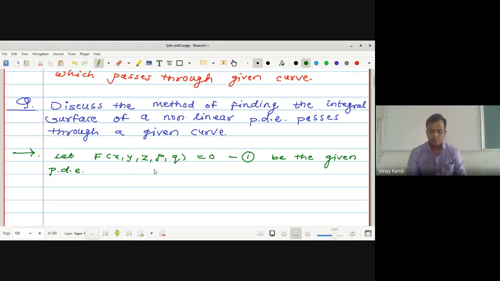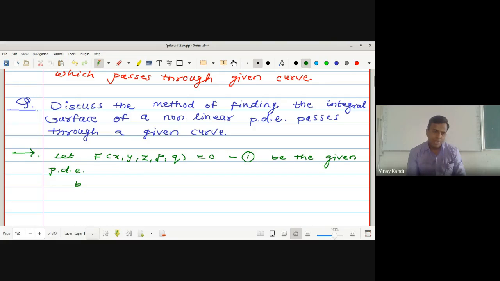In this method, first we have to find the complete integral of the given partial differential equation. From that complete integral, using the equation of the curve, we have to find the one parameter family of that complete integral. Look at it. This is the given partial differential equation which is non-linear.